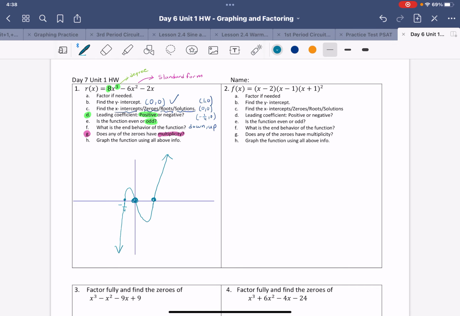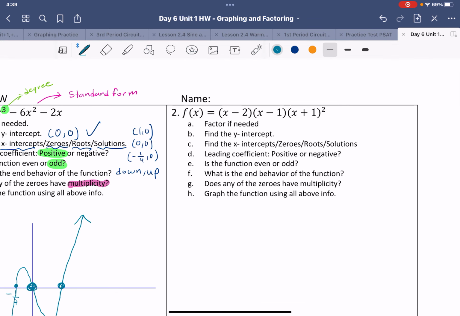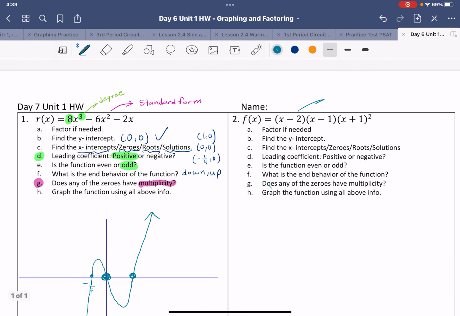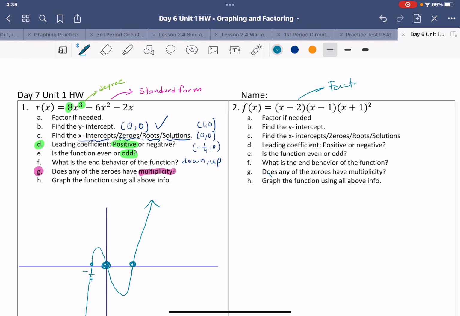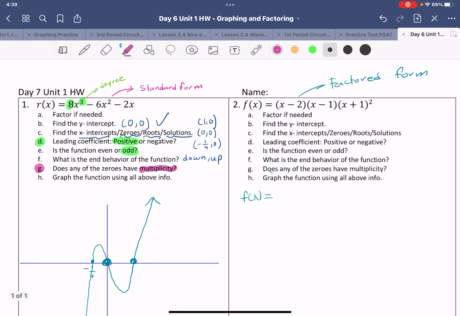So let's look at number 2. Number 2 is called factored form. How do you know that it's factored form? Because you see the parentheses and it's broken down. So I'm just going to do something real quick. I just want people to notice that x plus 1 is being squared. So I'm just going to write this as x plus 1 twice, just to emphasize what we're doing here.